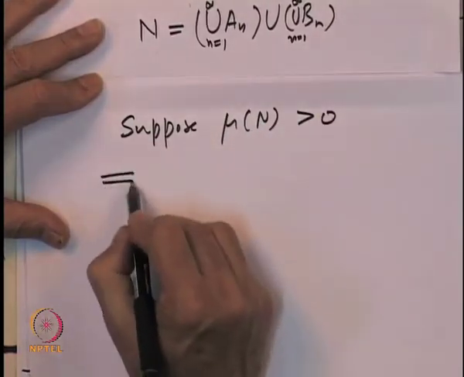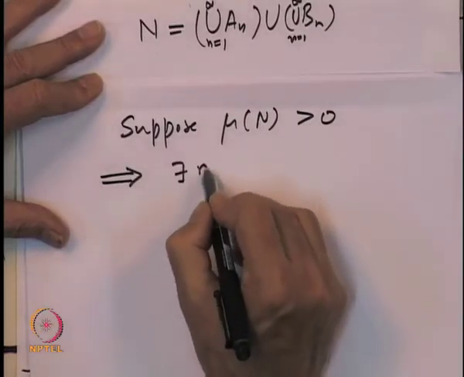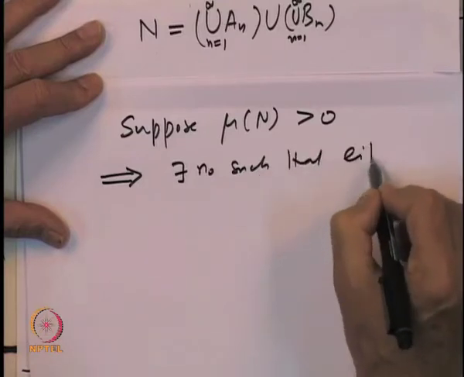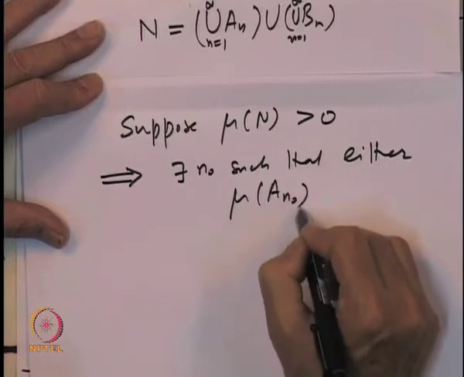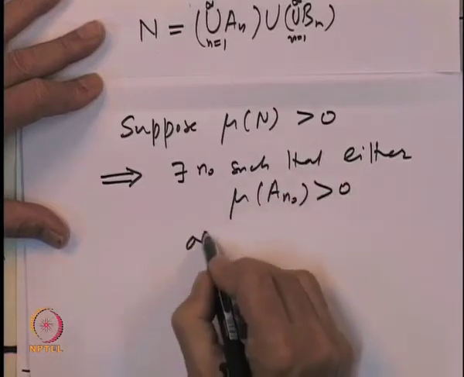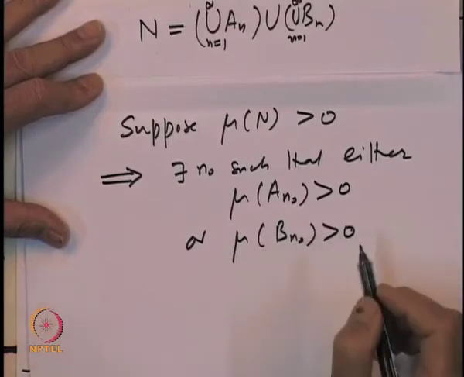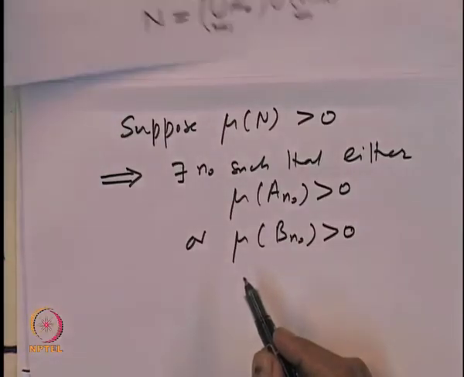Then this implies there exists some n naught such that either mu of A_n0 is bigger than 0 or mu of B_n0 is bigger than 0, because if not, then mu of N will be equal to 0.